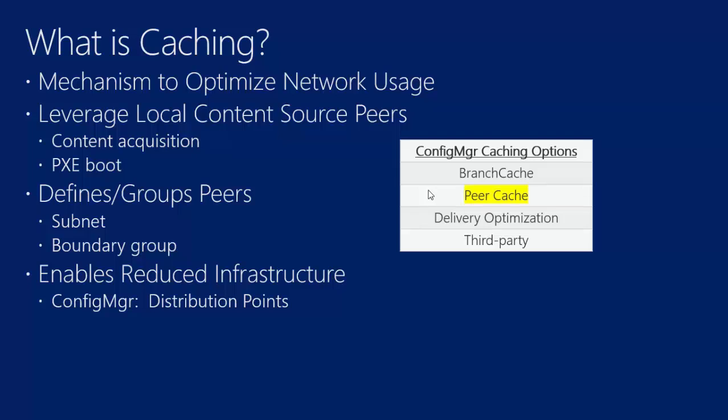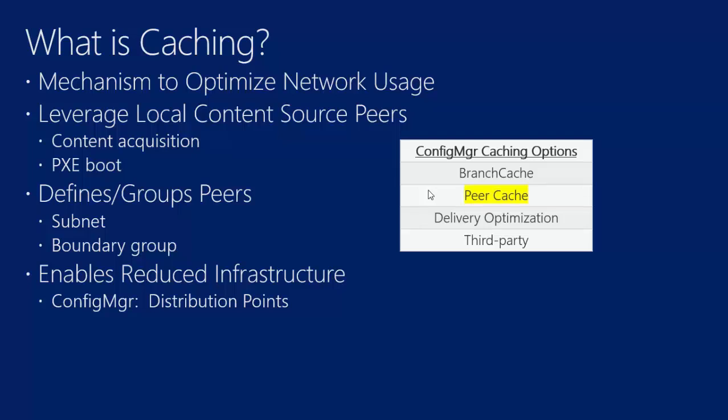In the Config Manager world specifically, we add boundary group to that mix, and that boundary group defines the group of systems that could be sharing content back and forth. Even inside the boundary group, there's the ability to set it to only share content with systems that are on the same subnet. You'll see that in a minute, not to dig too far into the Config Manager stuff just yet.